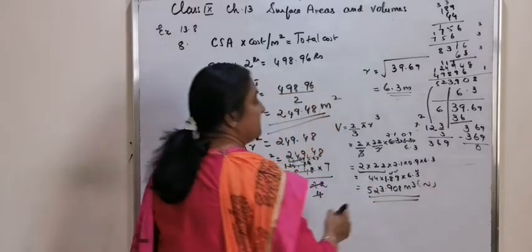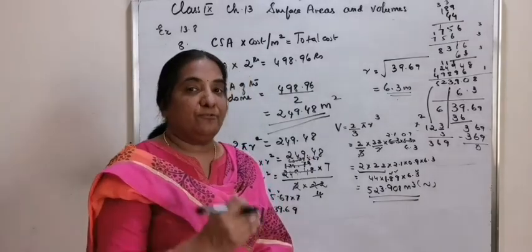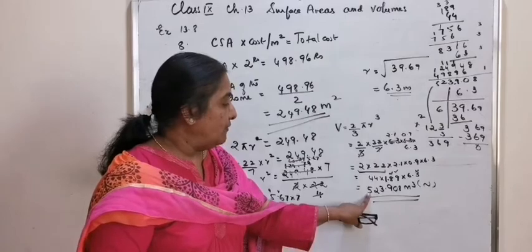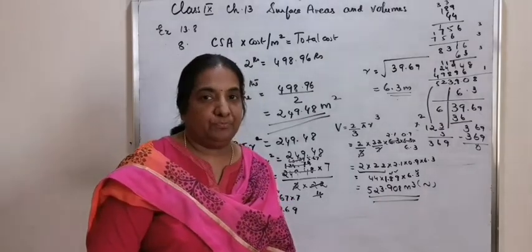These are all approximate measures because the value of 22 by 7 or 3.14 is recurring, and the value of the volume is 523.908 meter cube.